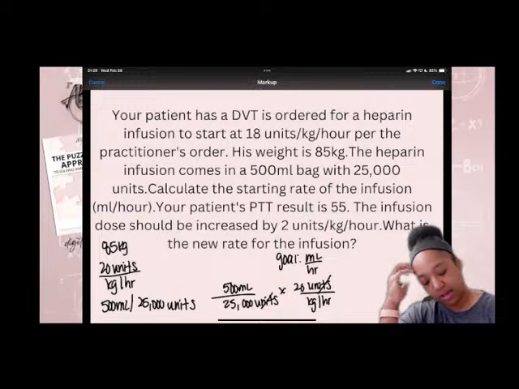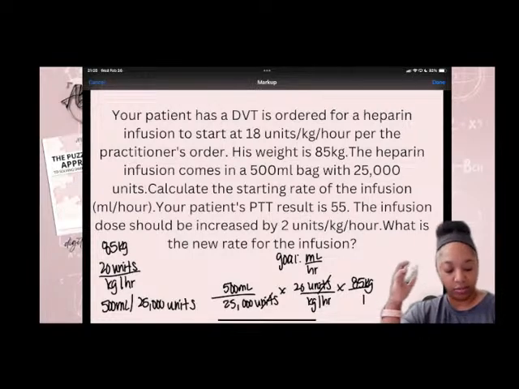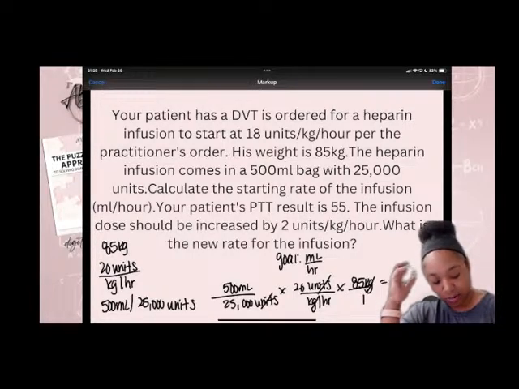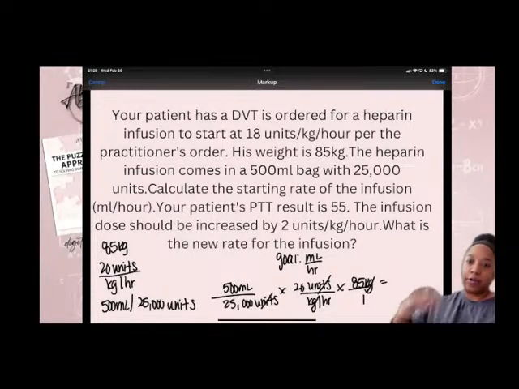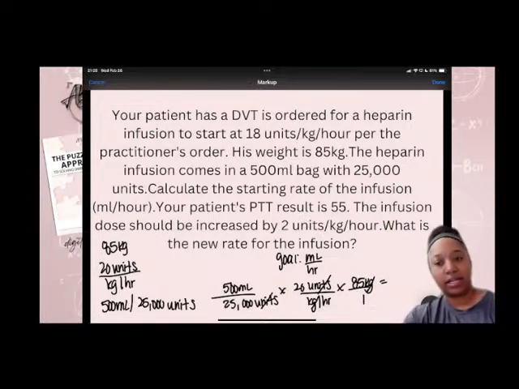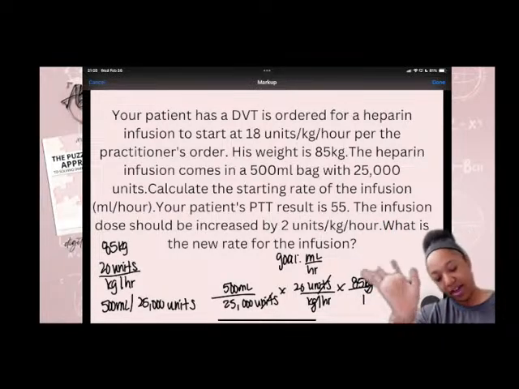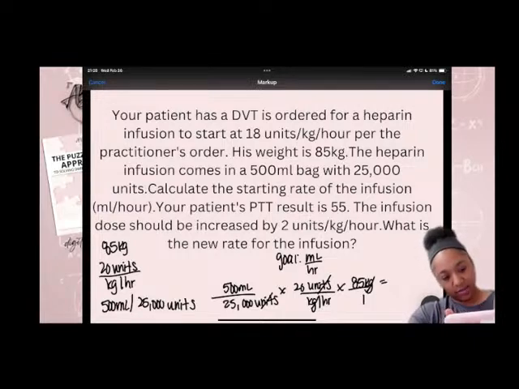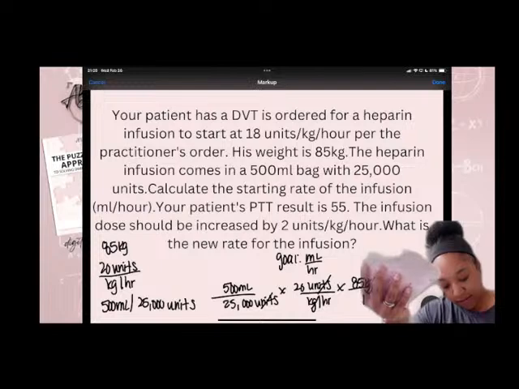Units cancels out, and now we're going to put our 85 kgs on the top, one on the bottom because it's single as a Pringle, not ready to mingle. All right, and now you've got milliliter on the top and hour at the bottom. So when you do the math, it'll be 500 times 20 times 85 divided by 25,000, which will be 34 milliliters per hour.